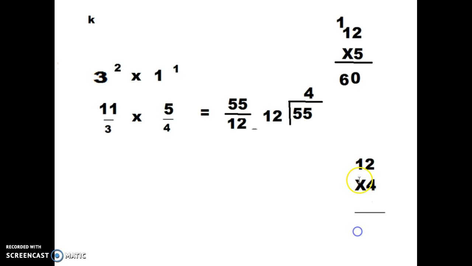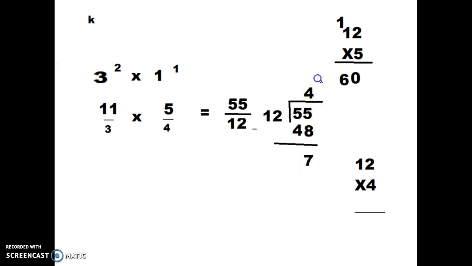Okay. 4 times 2 is 8, right? 4 times 1 is 4. So there we go. We know it equals 48. You're going to take that and subtract 55 minus 48. And we will get 7.